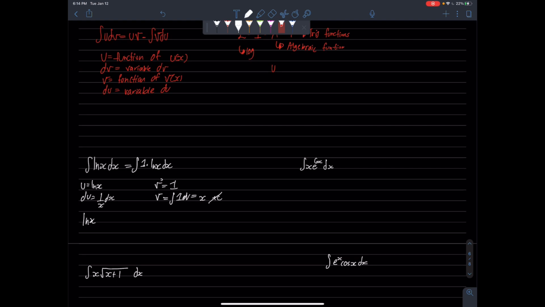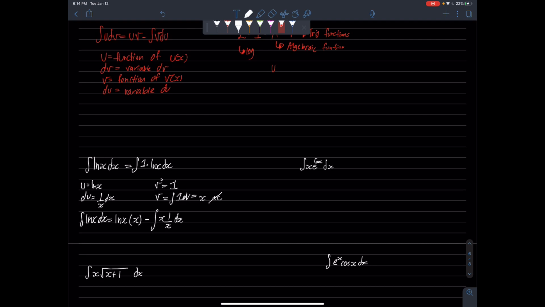So the integral of ln x dx is equal to u, ln x, times v, which is x, subtracting the integral of v, which is x, times du, which is 1 over x dx, right?